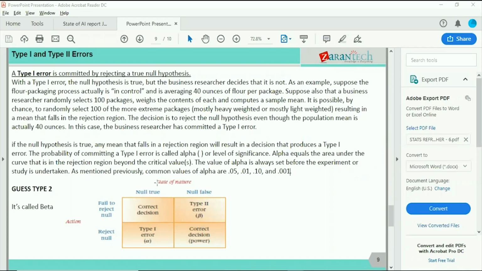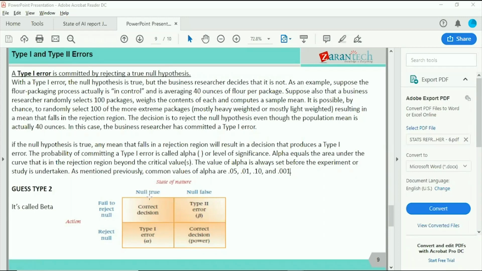So look at this matrix. This matrix is famously called the confusion matrix. Mark my words, it will confuse you like anything. But to make it clear now so that you don't get confused, suppose this is the true state of nature, true and false.